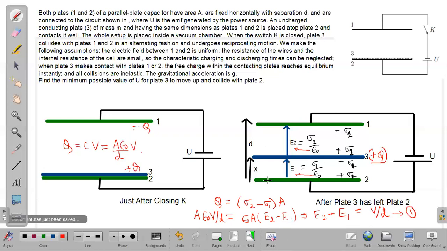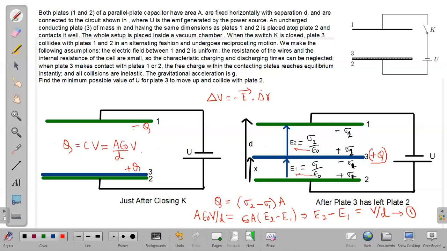Further, I am going to apply the concept that the potential difference delta V is minus E vector dot delta R vector.